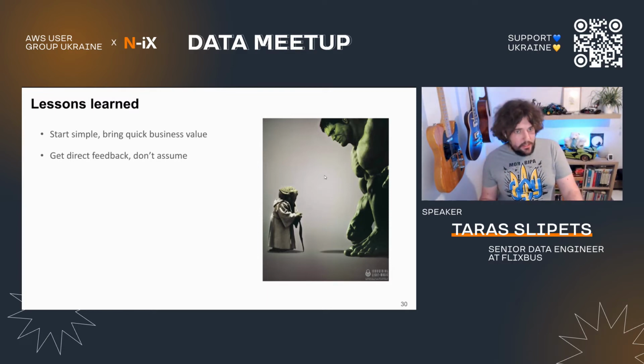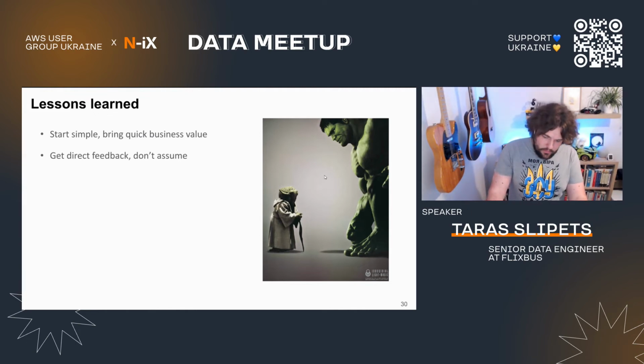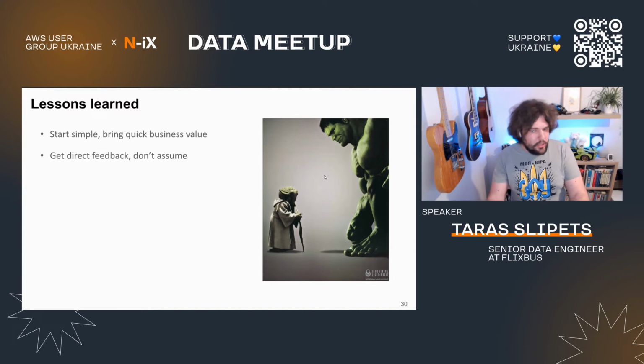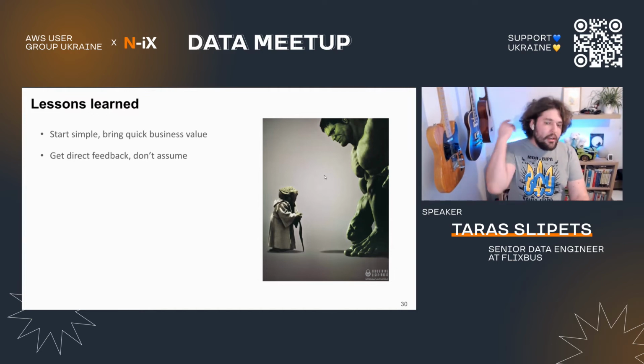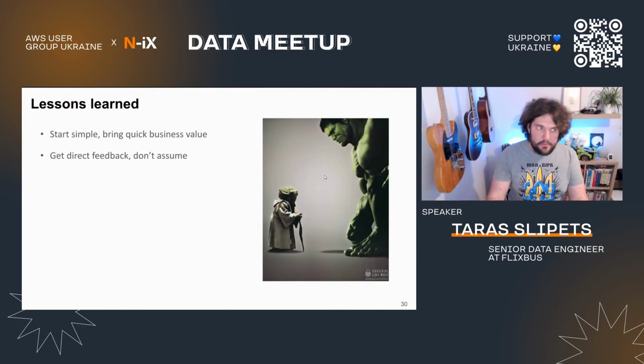Surprisingly, just talking to your users, stakeholders, analysts, other teams, data scientists, might give you really interesting results and low-hanging fruits to implement, feature requests, and so on. So if you have a choice to assume that we know how it should be, or the other option, ask your stakeholders. Ask.